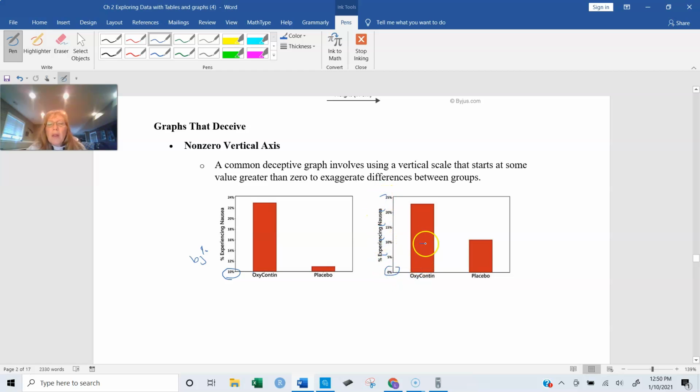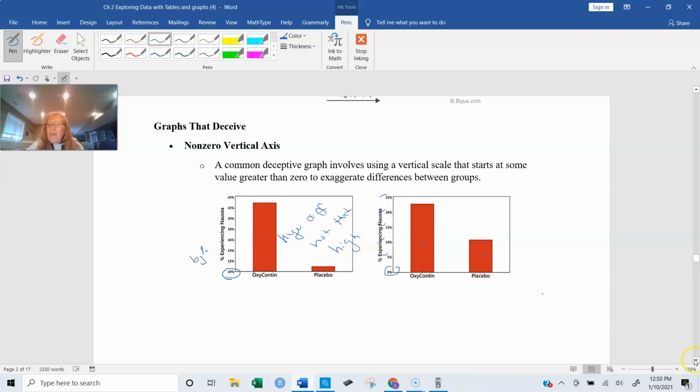Increments are evil. These two bars represent both of those beautifully. This one does not. It makes it look like this is a huge difference, when in actuality it's not that much. I hope you get it.